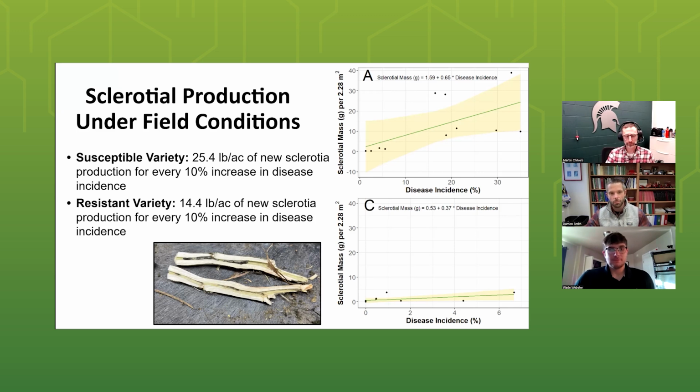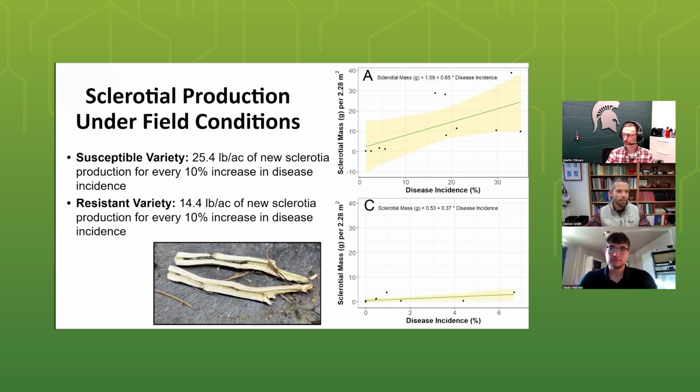What does that actually mean in terms of subsequent disease? But if you have that much reduction, we're talking about 10 plus pounds difference from a susceptible to resistant, that's substantial. I don't care whether you can run statistics on that or not. That's quite a few sclerotia, right?